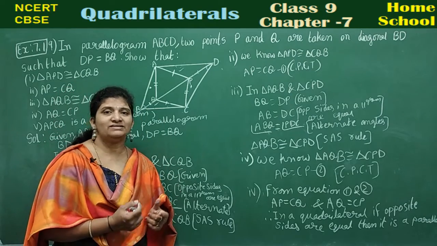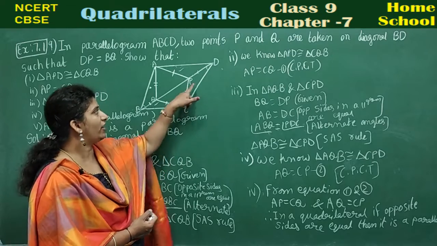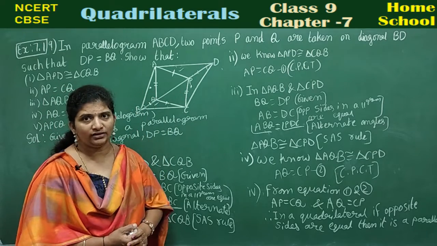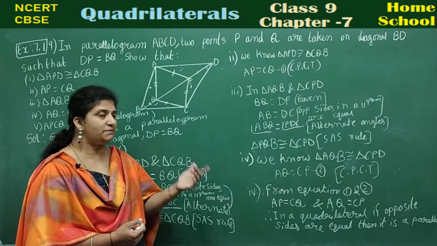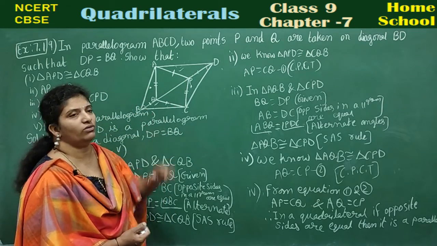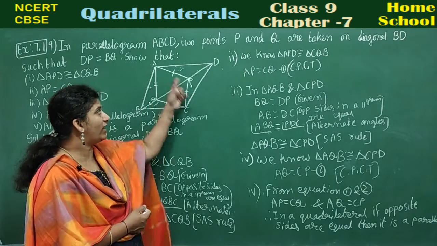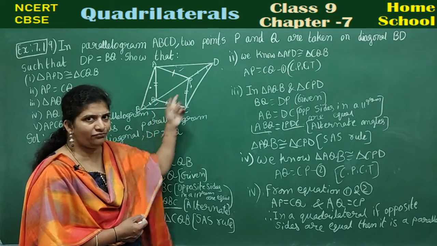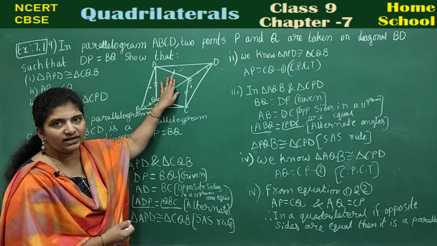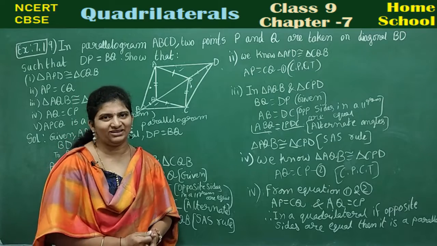Then by the SAS congruency rule, these two triangles are congruent. Similarly, you have proved these two triangles also congruent. If they are congruent, by CPCT you prove that CP is equal to AQ and AP equal to QC. This is another quadrilateral, with four sides. In this quadrilateral, if opposite sides are equal, then it becomes a parallelogram.